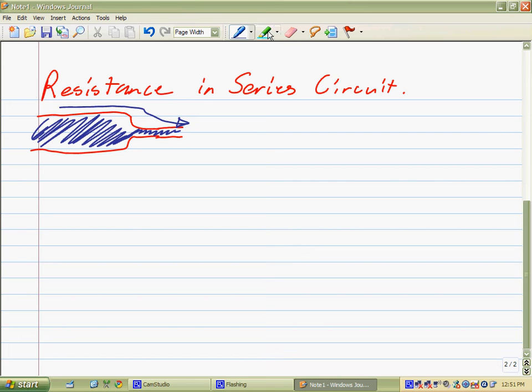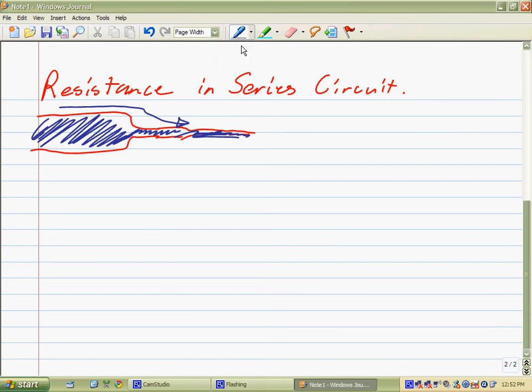And if I pinch it off again, then I'm going to slow down that water even more. So resistors in series each have a part and each have a role in slowing things down.